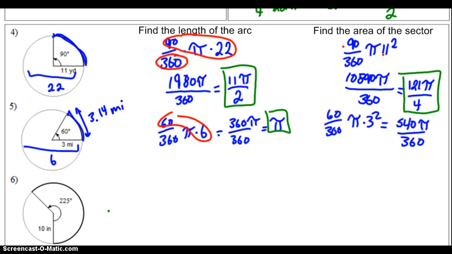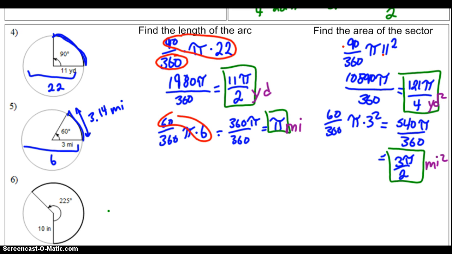And if you simplify that one, you should end up with 3 pi over 2. And that is where we'll leave it in exact form. Again, this would be in miles squared, because this is area, and the first one would be in just miles, because it's just length. Again, this would be yards, this would be yards squared.